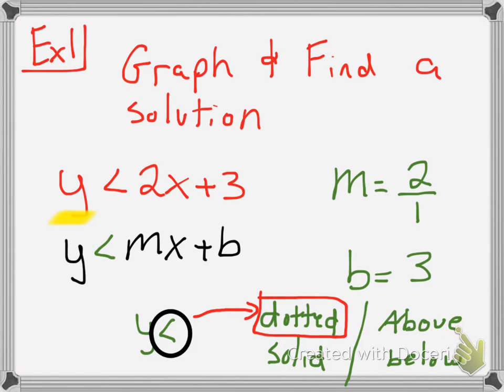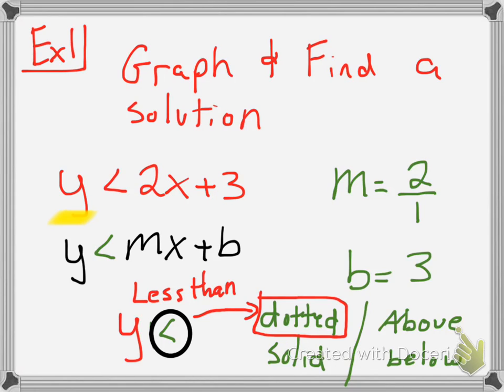Now, is the inequality symbol facing toward or away from y? Because here's y right here. I'm going to erase it and make y a little bit bigger. It's facing away from y, so that means it's less than.